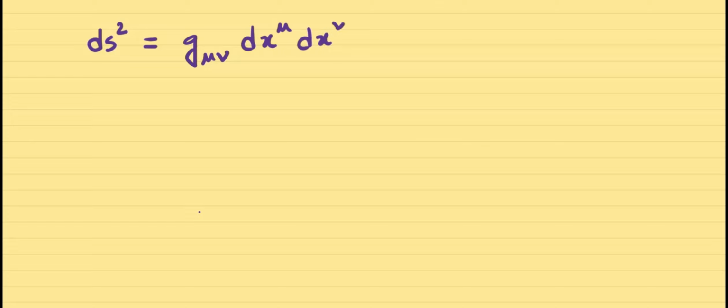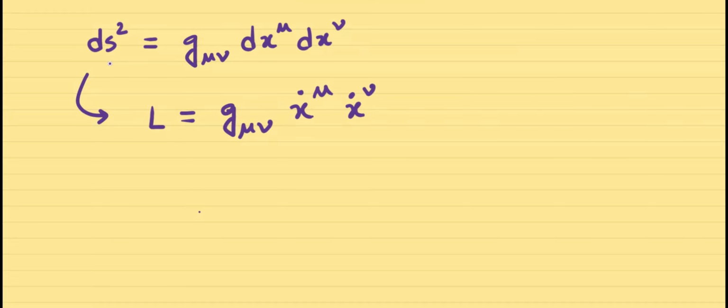So we have a metric which is like this: ds squared equals g mu nu dx mu dx nu. Corresponding to this line element, we can define a Lagrangian which is like this: g mu nu, and then x mu dot, and then x nu dot.